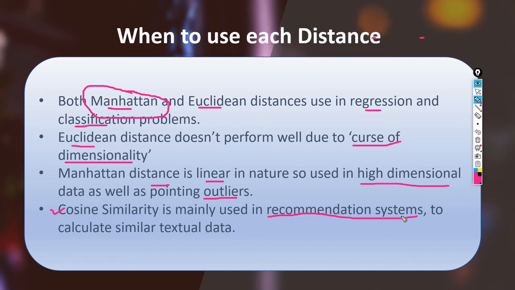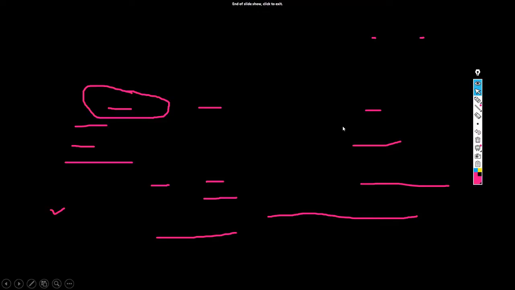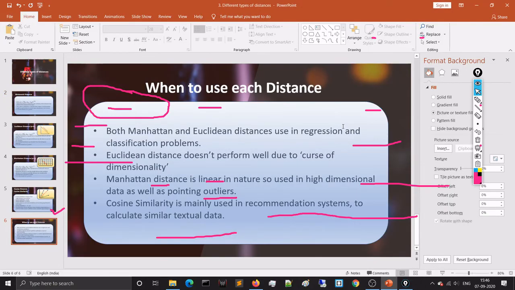This is called a recommendation system. So cosine similarity is mainly used in recommendation systems and to calculate the similarity of textual data. To find whether two pieces of text are similar or not, we can use cosine similarity. So these are all the distances that we have covered.